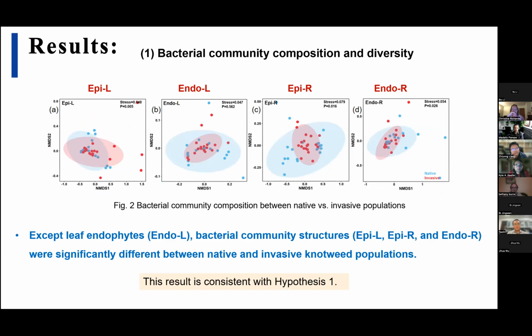For the bacterial community composition, except for the leaf endophytes, the bacterial community structures were significantly different between the native and the invasive populations.